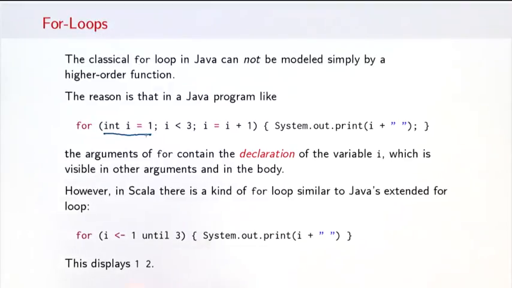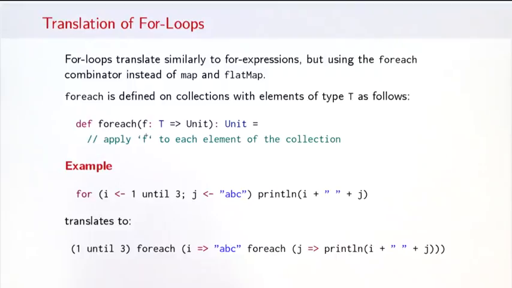Now, this looks pretty much like a for expression, like the ones you've seen in the functional programming course and also in the first week of this course. And in fact, that's no accident. For loops translate quite similarly to for expressions, but where for expressions translate into combinations of functions map and flatMap, for loops translate into combinations of the function foreach.